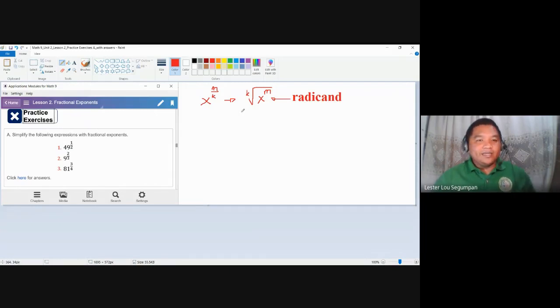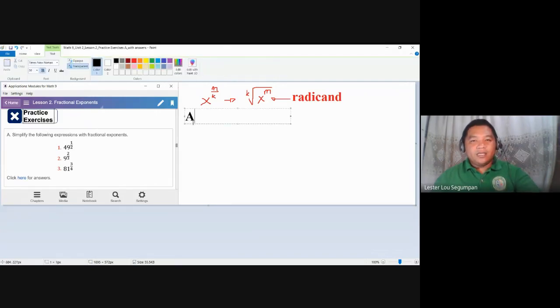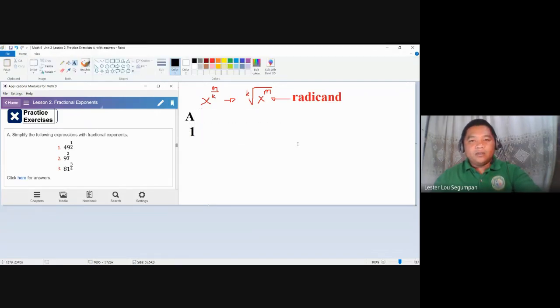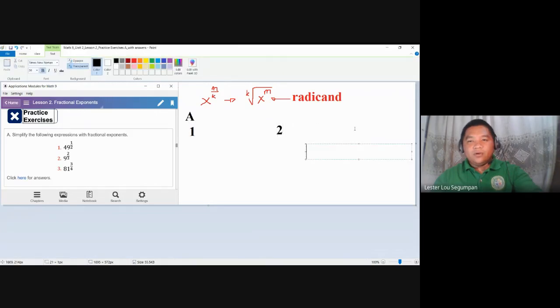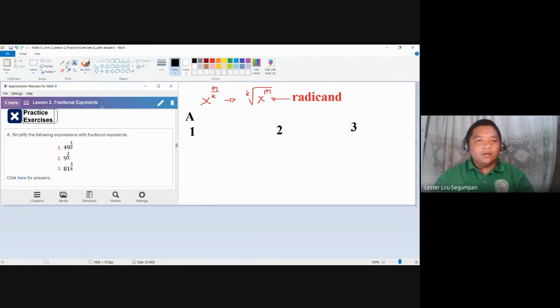Let us try. We have here items A, number 1, number 2, and number 3. Let me align this better. Let's start with number 1: 49 to the power of 1/2.